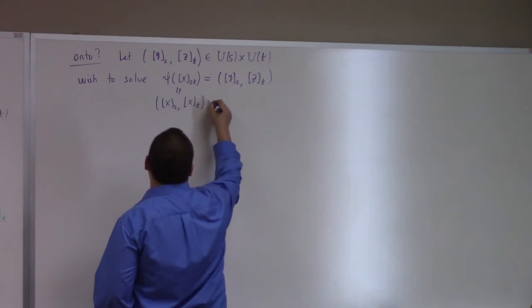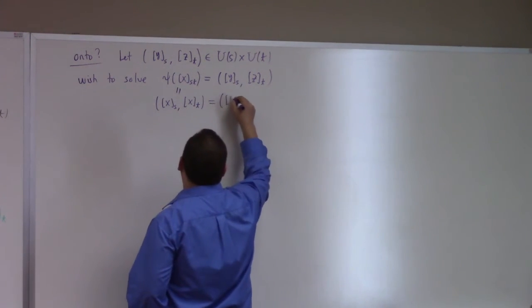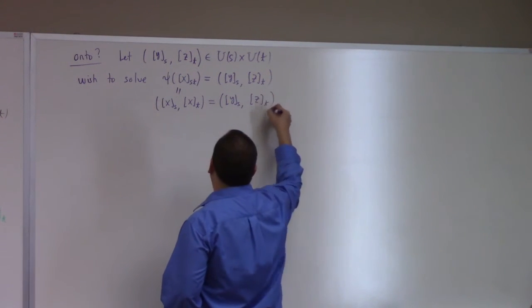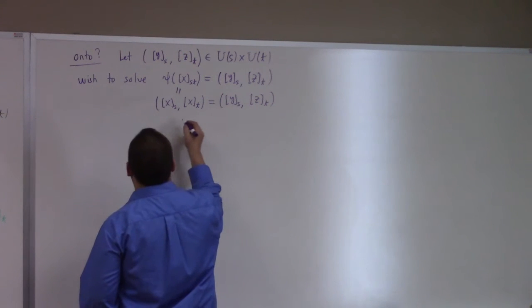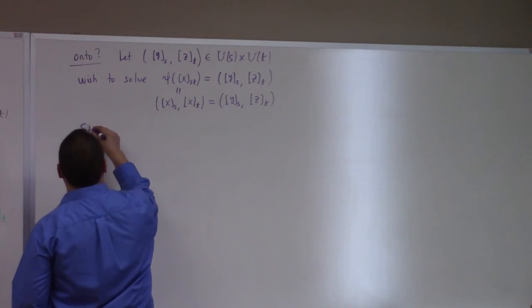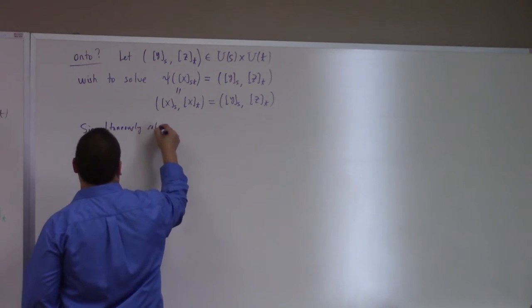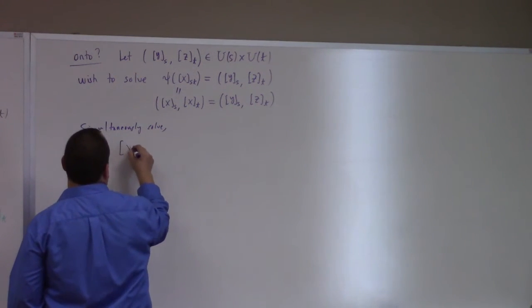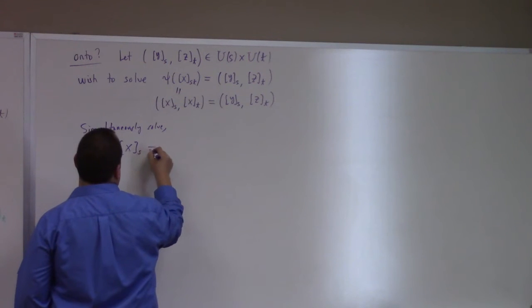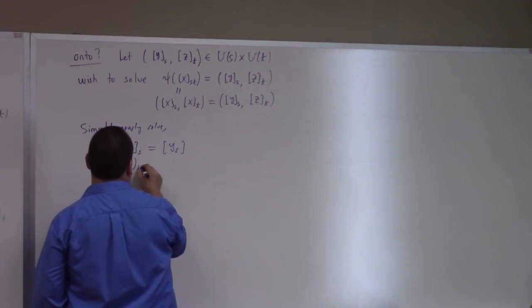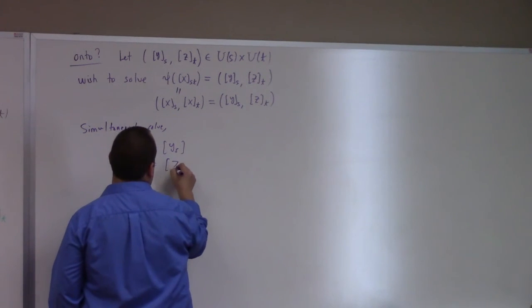So what are we trying to do? We're trying to solve two things at once, aren't we? We're trying to simultaneously solve x sub s equal to y sub s, and x sub t equal to z sub t, right?